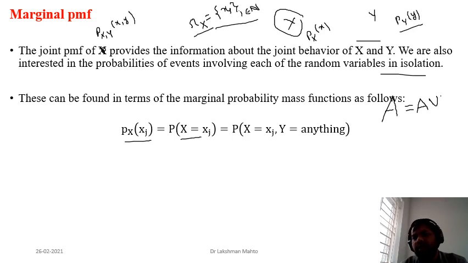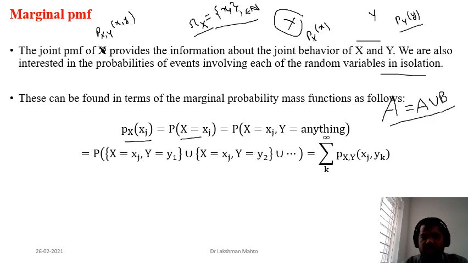That is not going to affect the happening of A. From that perspective, you can say that X equals x_j and Y equals anything; Y may be anything here. So it is talking about the union perspective.